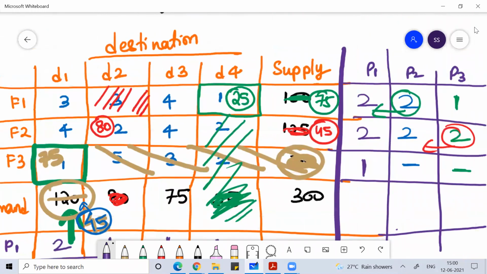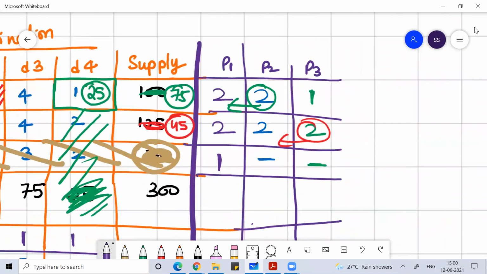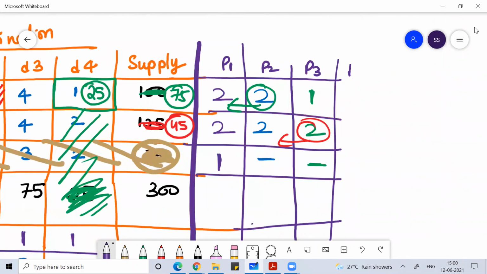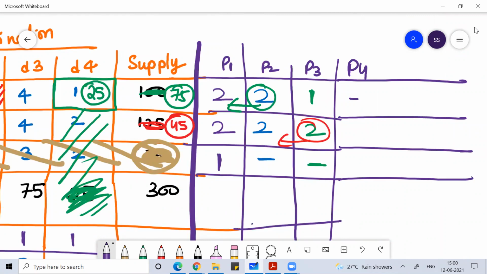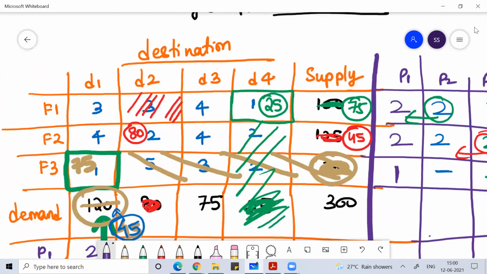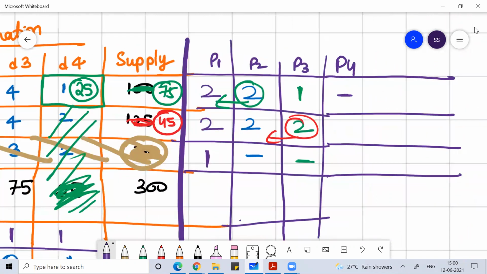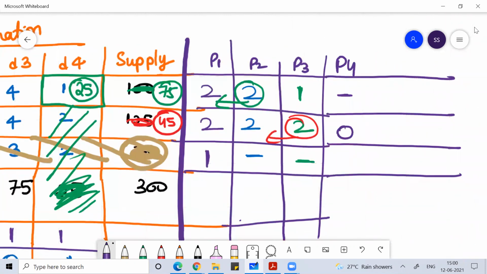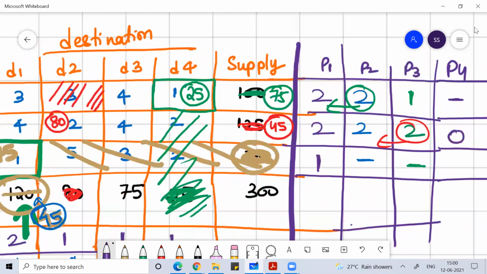First row, 4 minus 3, 1. Second row, 4 minus 4, 0. And the third is done already.